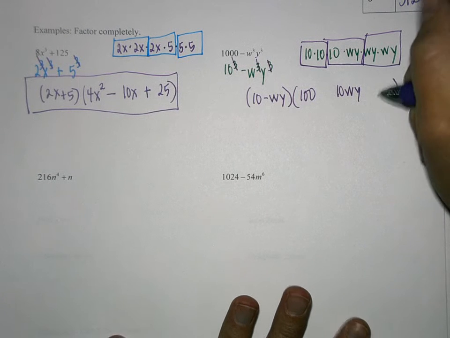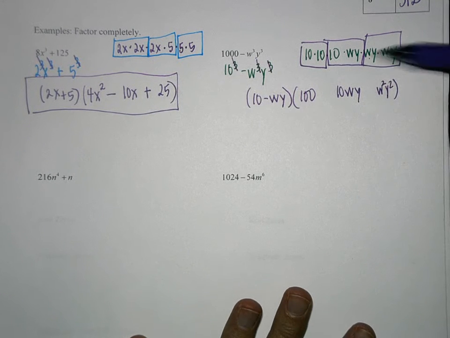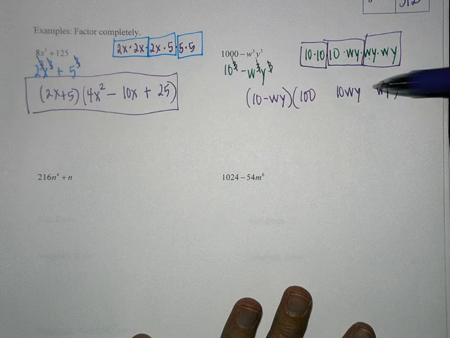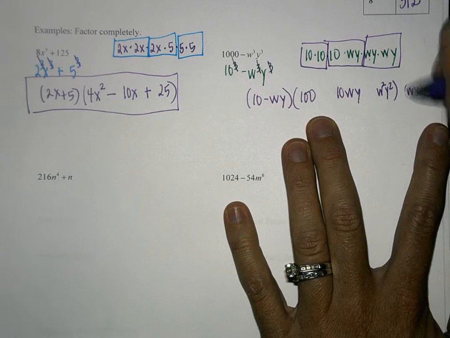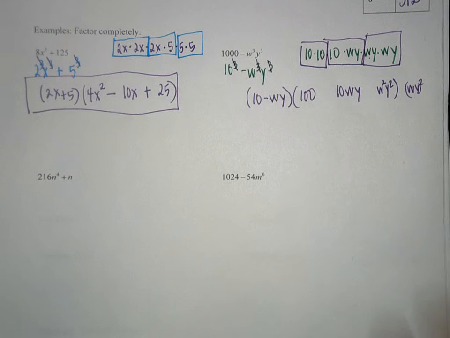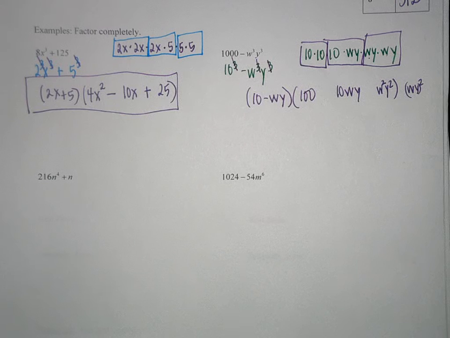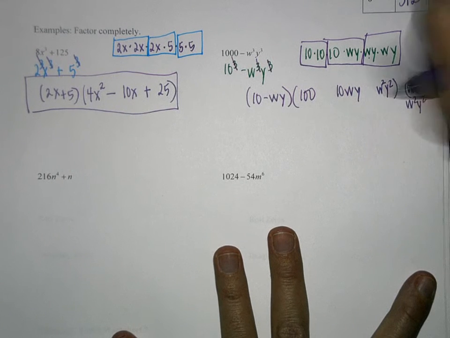You need to write that as w squared and y squared, because you have 2 w's being multiplied, which is w squared, and 2 y's being multiplied together, which is y squared. If you put wy squared, that would just be the y squared, unless you wrote it like this, wy in parentheses squared. But then we don't want a parenthesis within a parenthesis, so am I making any sense? Okay, so you'd end up putting this through, and so you'd still end up with w squared, y squared, so it's easier just to do it way back there.